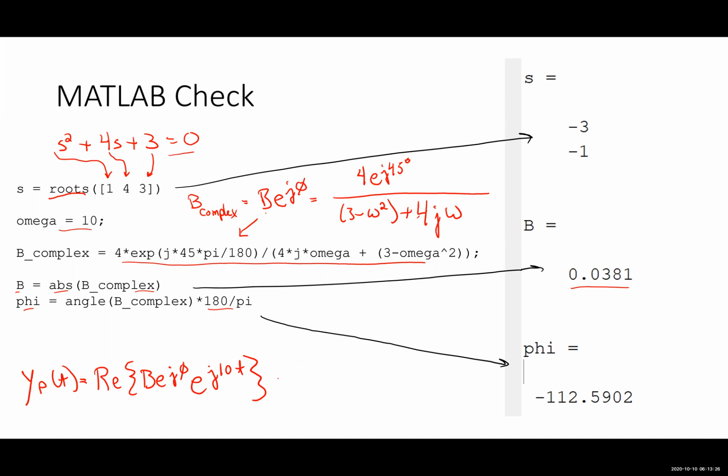So that's going to give me, according to this, 0.0381 cosine 10t minus 112.5902 degrees, like that. All right, so that's our final answer here.